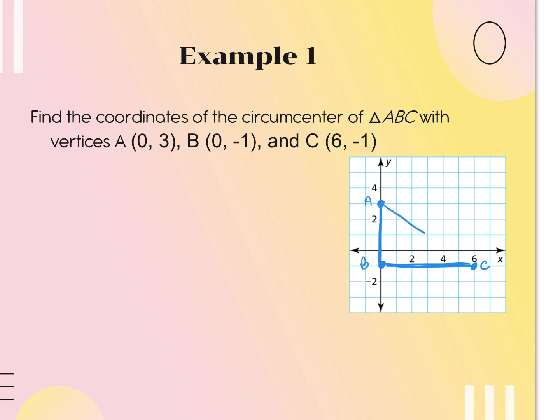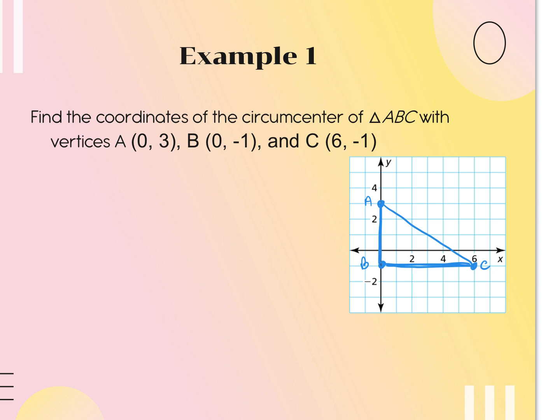Now, what I have to do at this point is draw the perpendicular bisector of each side. Thankfully, this is a right triangle. I know my circumcenter is going to be on the triangle, but when I have a vertical or a horizontal line, it makes drawing the perpendicular bisector much easier.